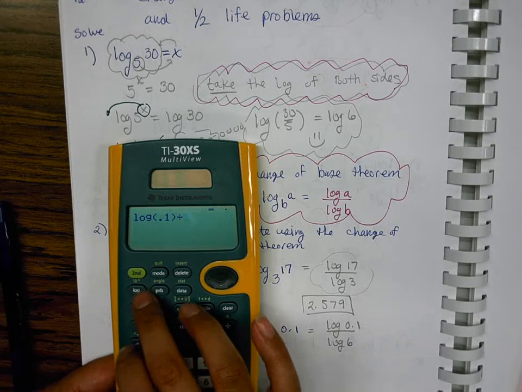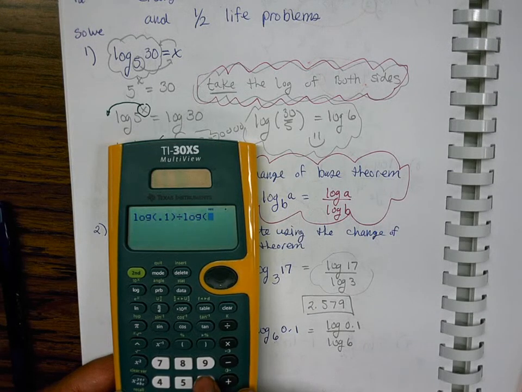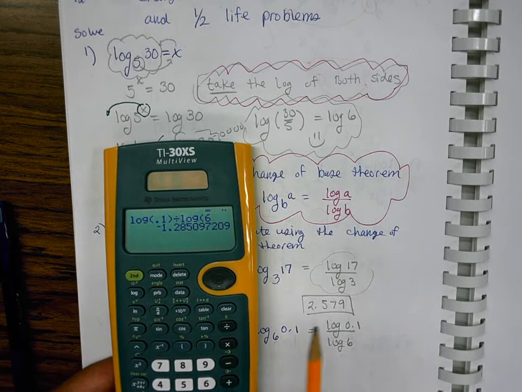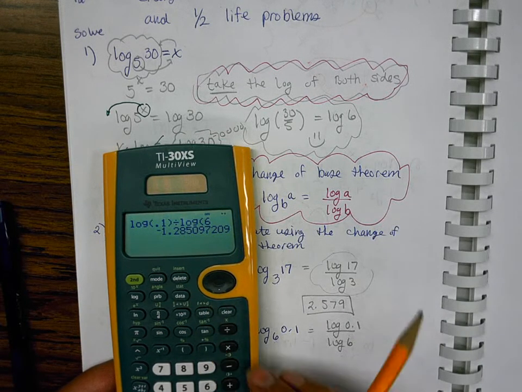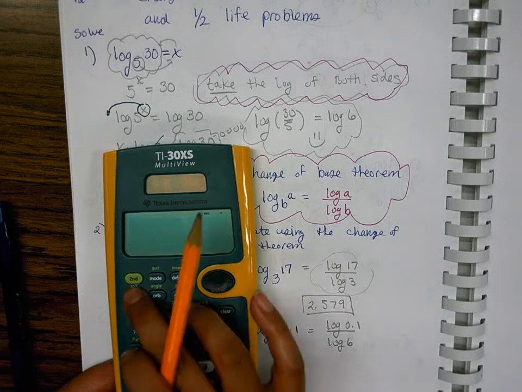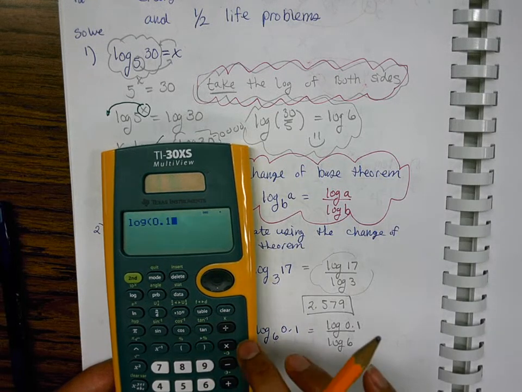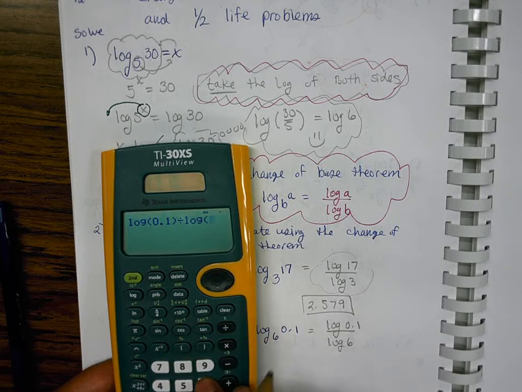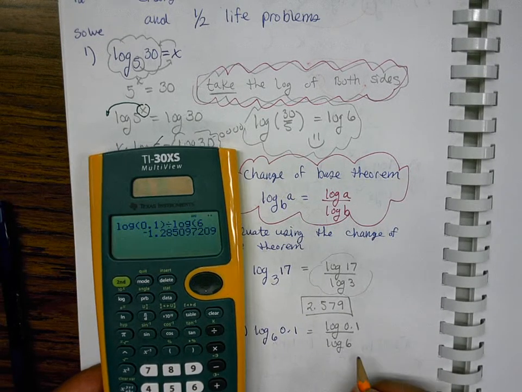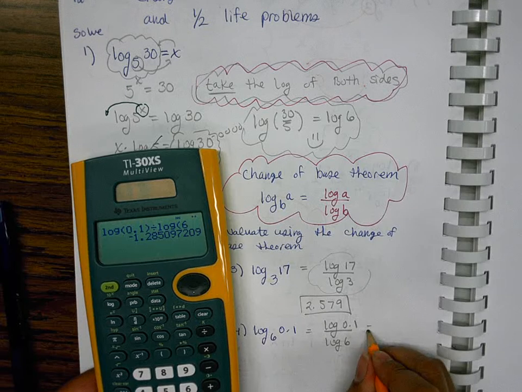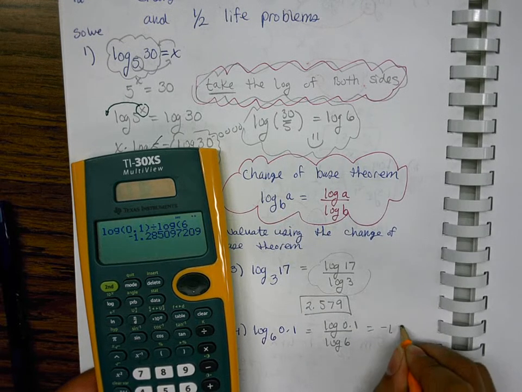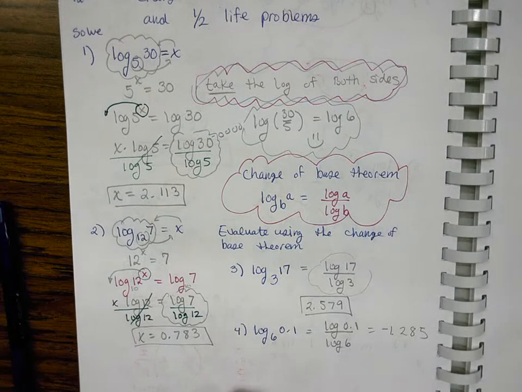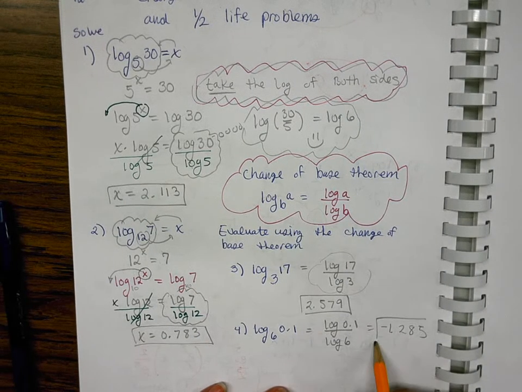Log of 0.1 divide by log of 6. And finally, I typed it in correctly. All right, log of 0.1, if you typed it in that way, it still works. Divide by log of 6. We get negative 1.285.